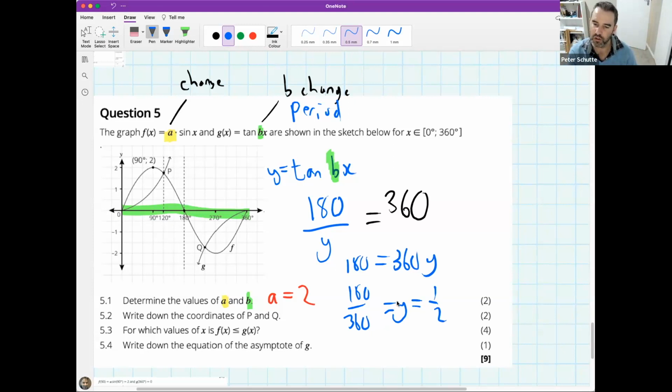The number in front of the x is going to be equal to a half. And so what this should be is y equals tan a half x. And what that does is it takes the normal period of the tan graph, and when it divides by a half, I get 360, which matches this drawing here.